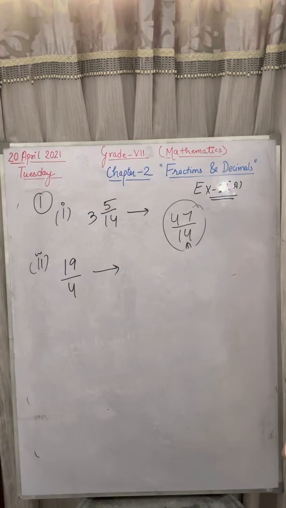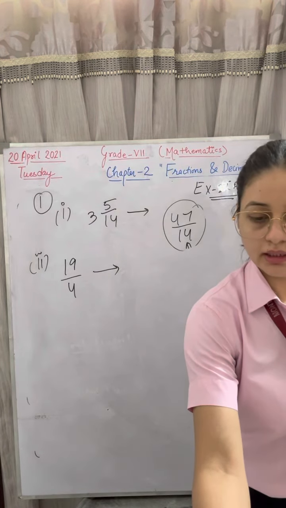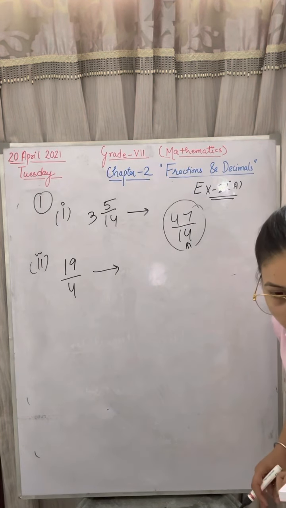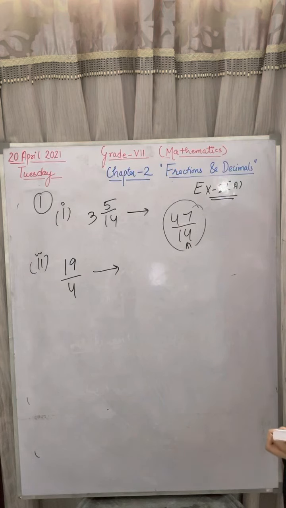Hazel, very nice. Angel, check once again. Ananya, very good. Saloni, very good. I'll tell you who has given the correct answers. Prasan, yes, very good. Naman, please check your fraction once again.